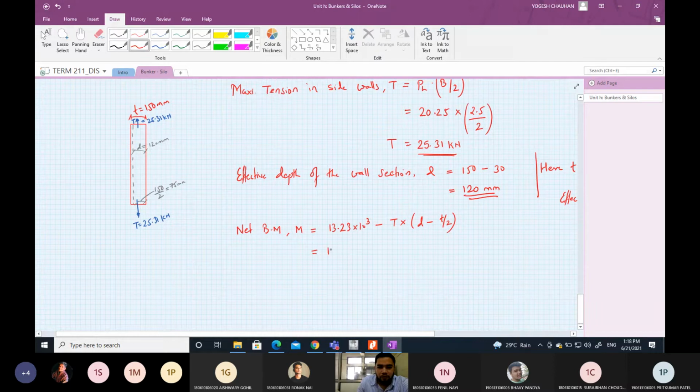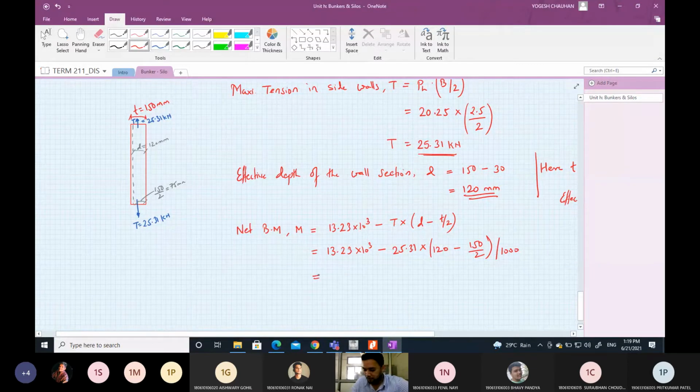That will be your net bending moment. So 13.23 into 10 to the power 3 minus 25.31 into 120 mm minus 150 by 2. And you have to divide this in meters, because this is in kilonewton meter, so you have to convert this into meter as well.